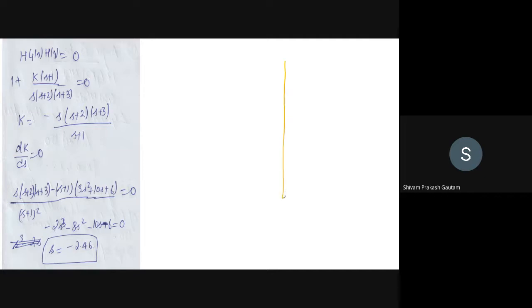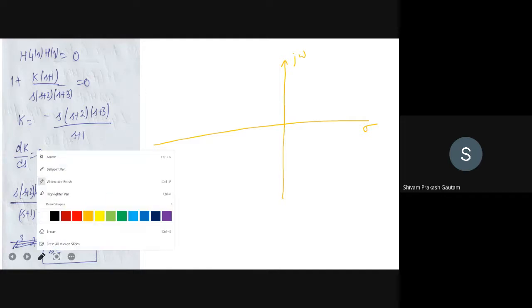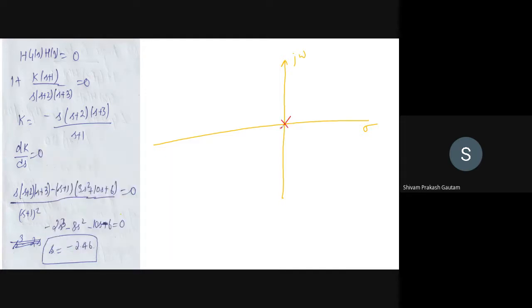So this is our real axis, this is our imaginary axis. One pole is here, another zero is here, another pole is here, another pole is here. So we have 0, -1, -2, and -3. We have calculated the breakaway point, and let us suppose this is our breakaway point.